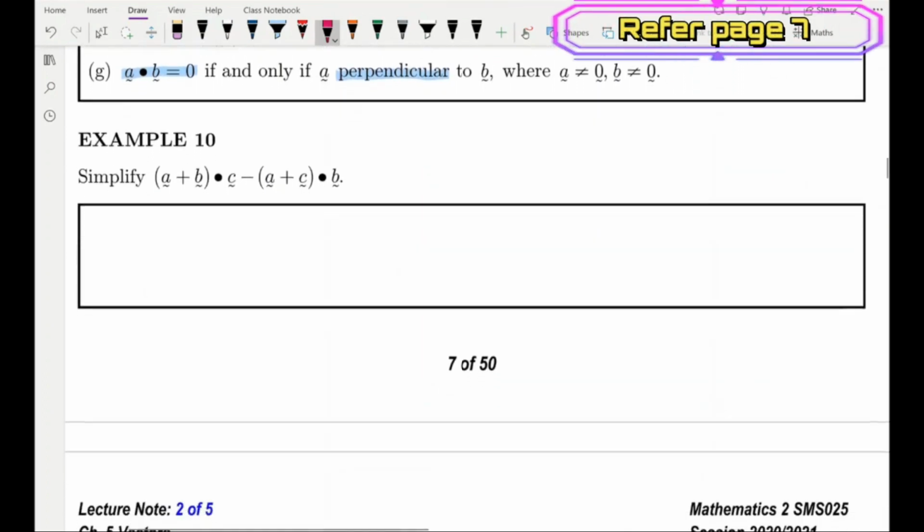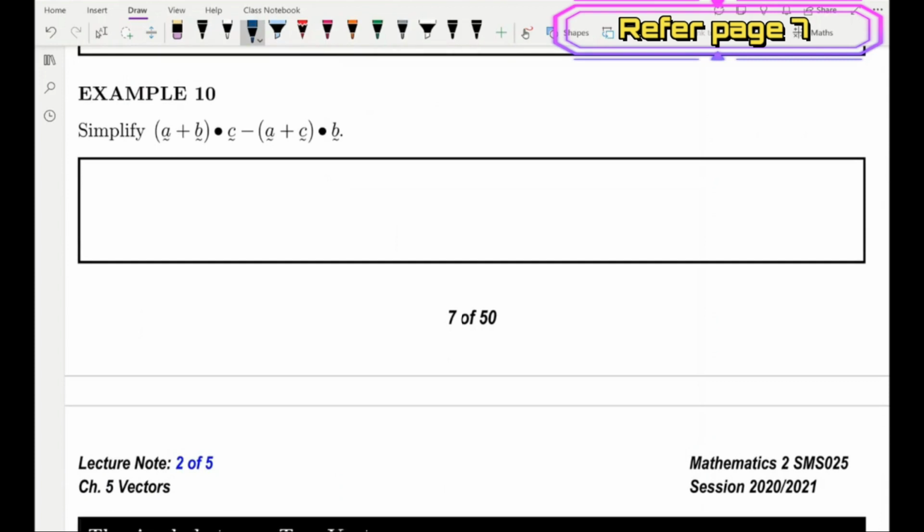We look at example 10. Simplify (A plus B) dot C minus (A plus C) dot B. We just multiply each element.